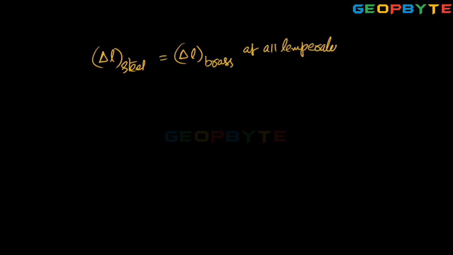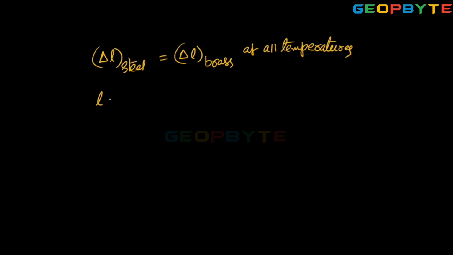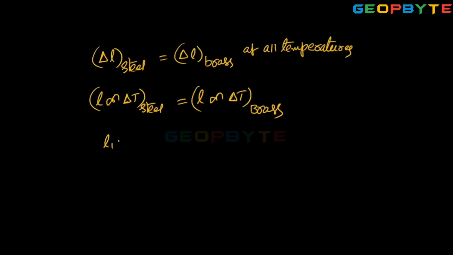Change in length is L alpha delta T. For brass, L1 alpha 1 delta T for brass equals L2 alpha 2 delta T for steel.